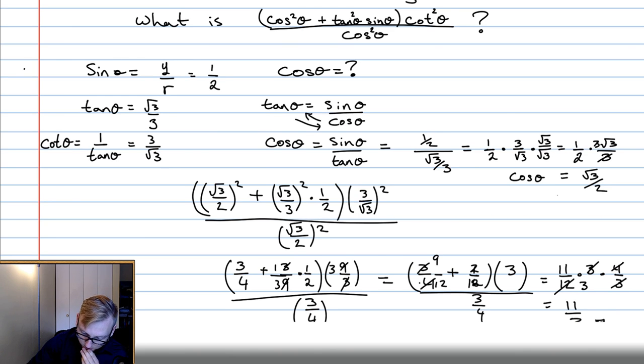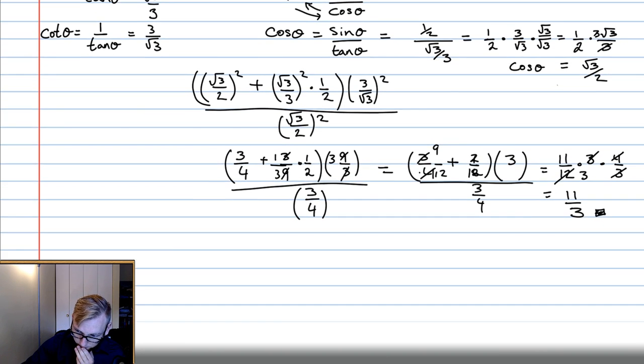We've got cos squared, so root 3 over 2 squared, check, plus tan squared theta, which is root 3 over 3 squared, check, times sine theta, which is 1/2, check, cotan theta, which is 1 over tan, which is 3 over root 3 squared, check, and cos squared on the bottom, root 3 over 2 squared, check. I think we're pretty good so far.